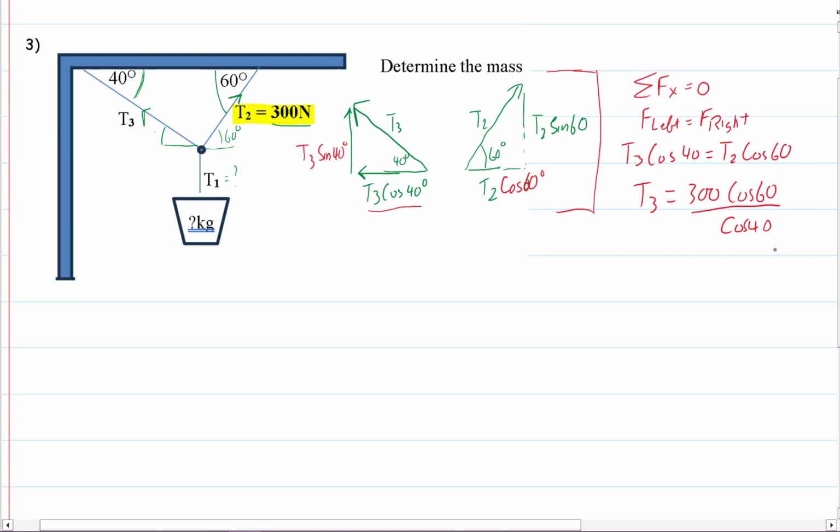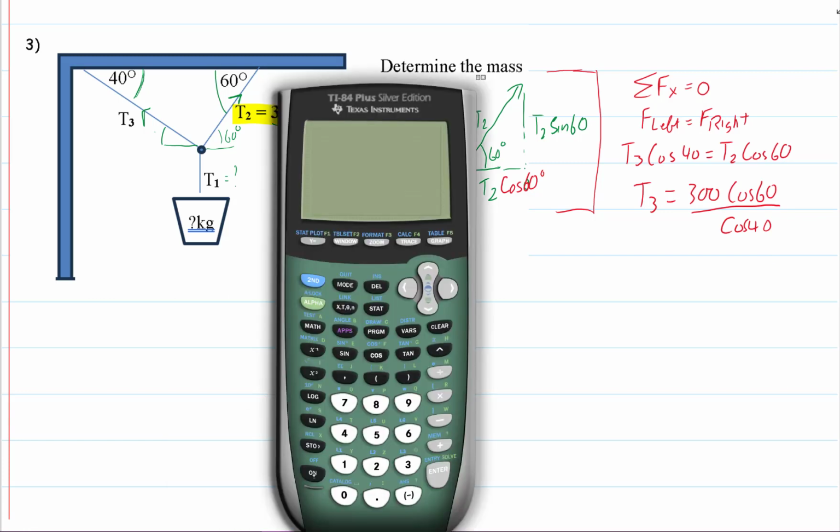And so T3 is 300 times cosine 60, divided by cosine 40, close bracket. I'll have to go back there because I have to put a closed bracket on that.